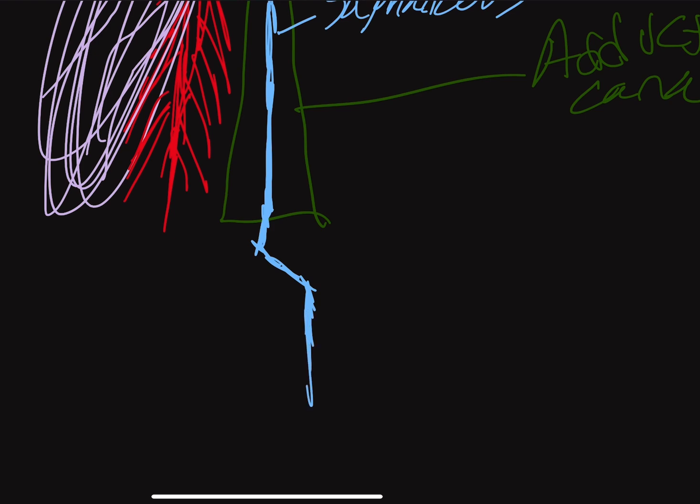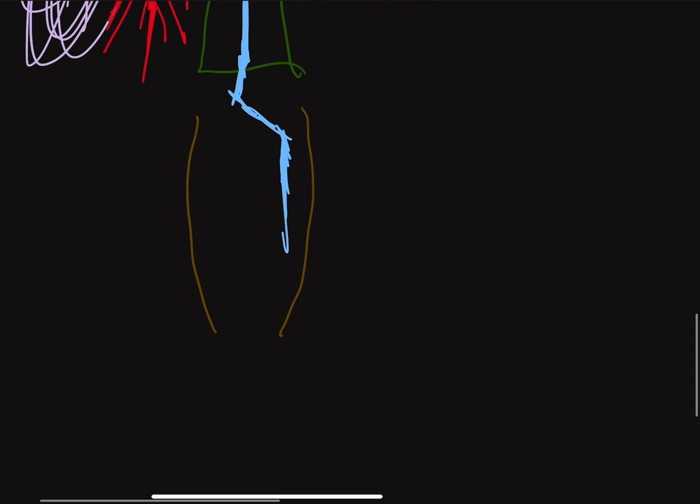And then it's going to start, here we'll draw this real quick. We'll do this a different color. So this is your leg, right? But this saphenous nerve is going to start innervating some of this medial aspect of your leg, right?